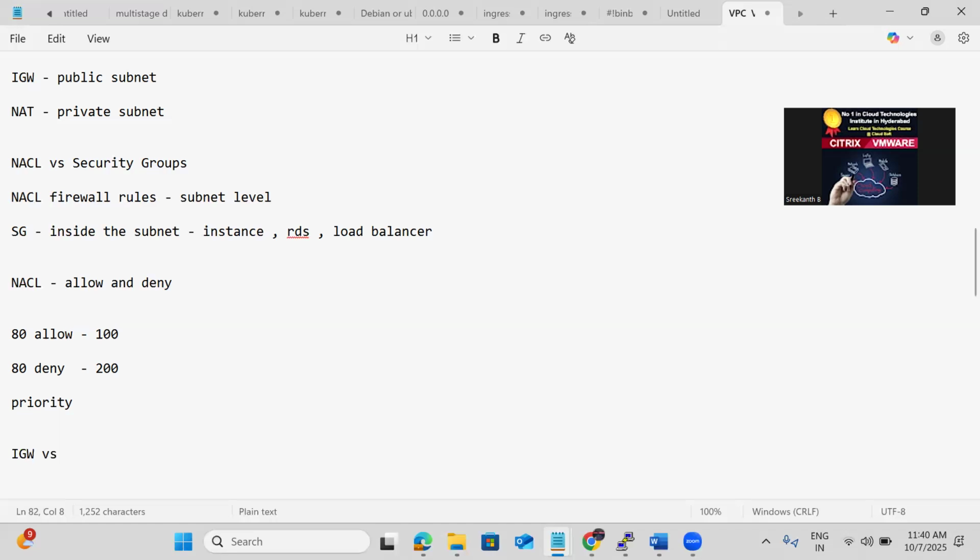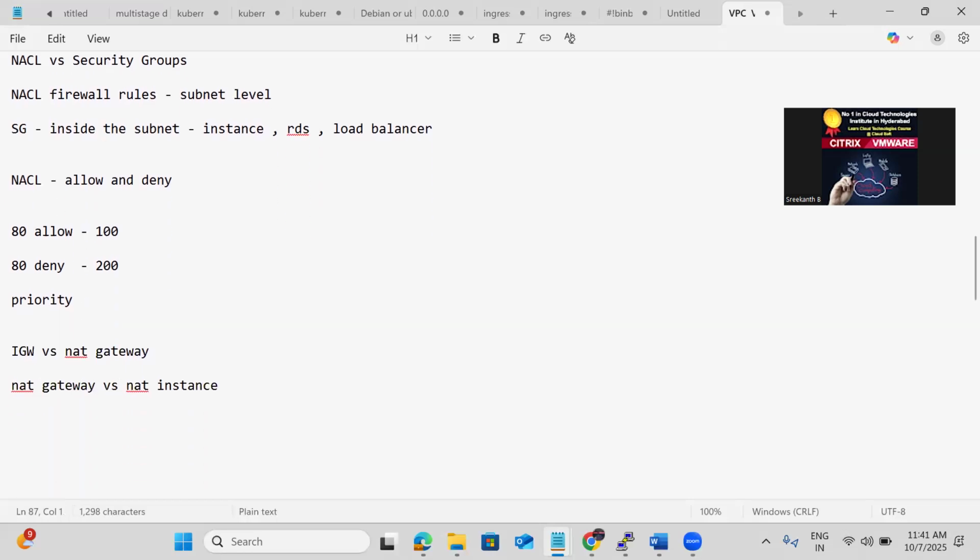internet gateway versus NAT gateway, then NAT gateway versus NAT instance, then NACL (network access control list) versus security group, and one more: public versus private subnets.